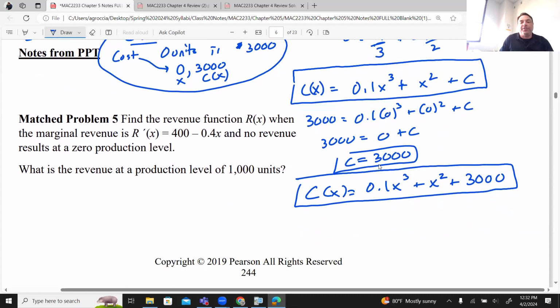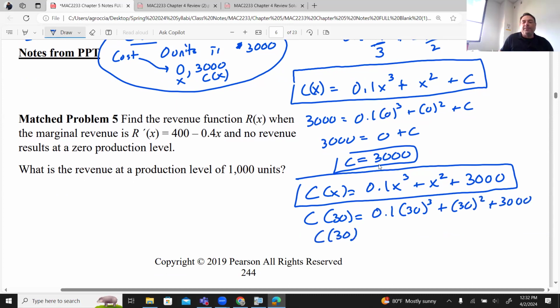So if you plug in 30 into your cost function, which you had to figure out, you can figure this out. And I'm going to save a little time. I've already typed it in the calculator for you. You will get $6,600.